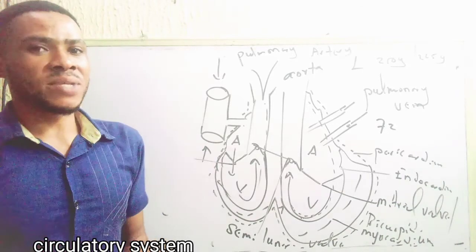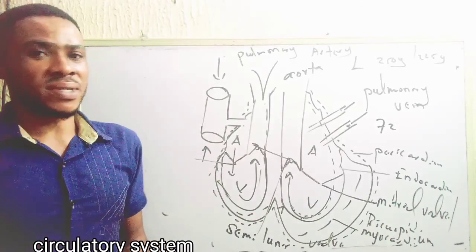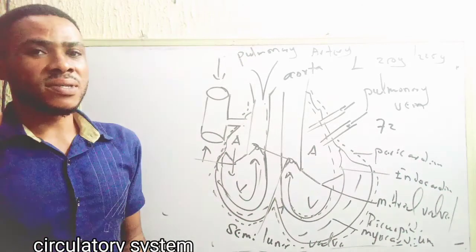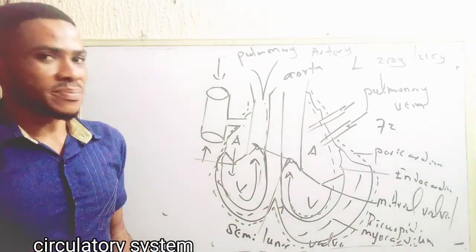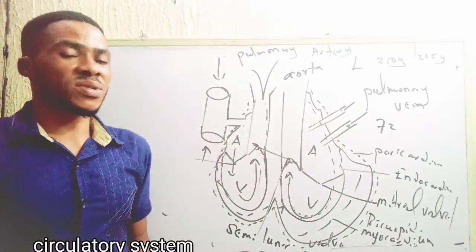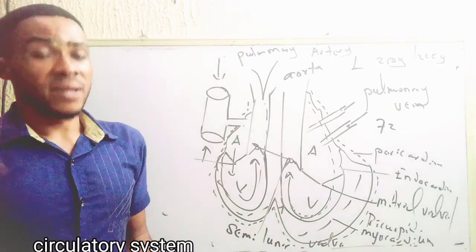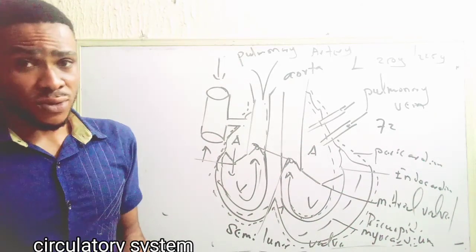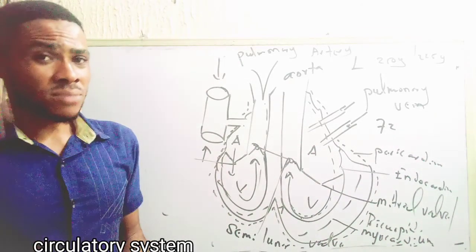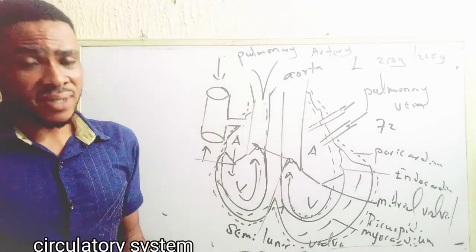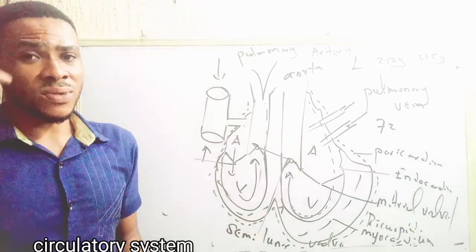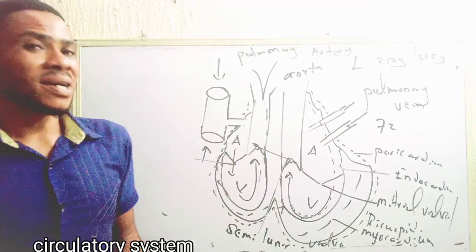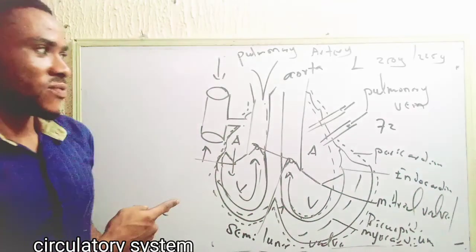And there are cases where it increases or decreases. If it increases, it's known as tachycardia. If it decreases, it's known as bradycardia. It can decrease as a result of old age or some kind of mental illness that can cause the heart to decrease its heartbeat. That is for that one.